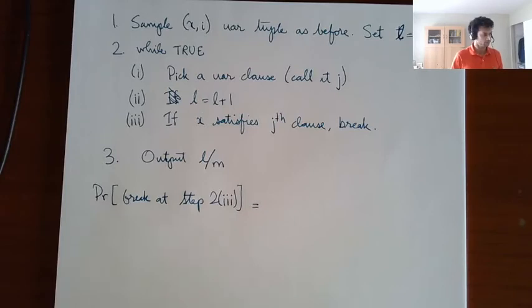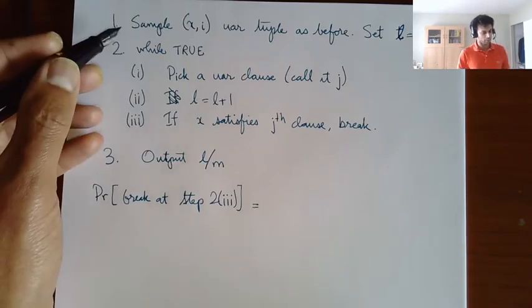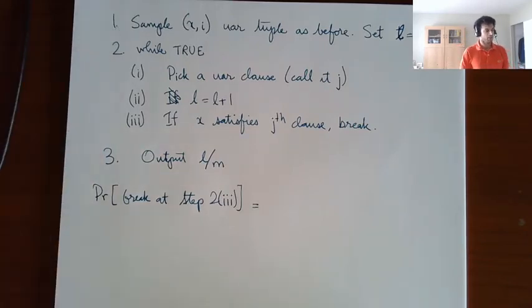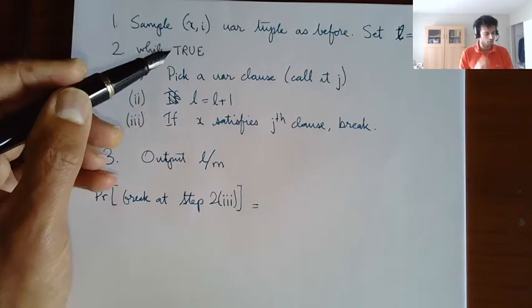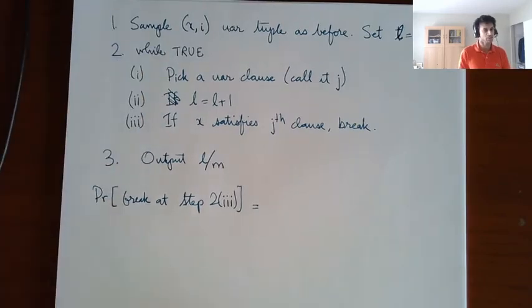Would that be A over B? No, it's not. But let's say for a specific X. So you have some X. Fix some X. What is the probability of this condition kicking in?